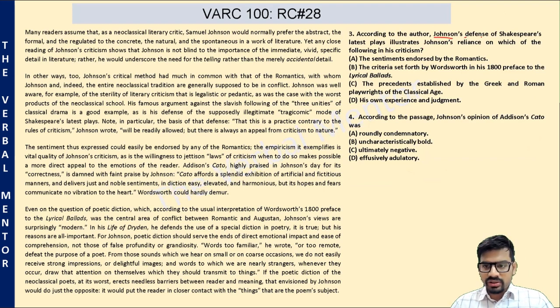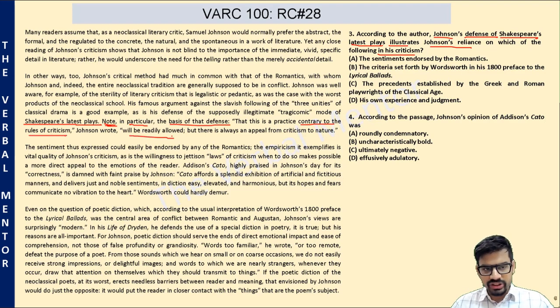According to the author, Johnson's defense of Shakespeare's latest plays illustrates Johnson's reliance on which of the following in his criticism. Now, it is mentioned that, note in particular the basis of the defense. He defended Shakespeare's latest plays, and what was the basis of that defense? That this practice is contrary to the rules of criticism, will be readily allowed.